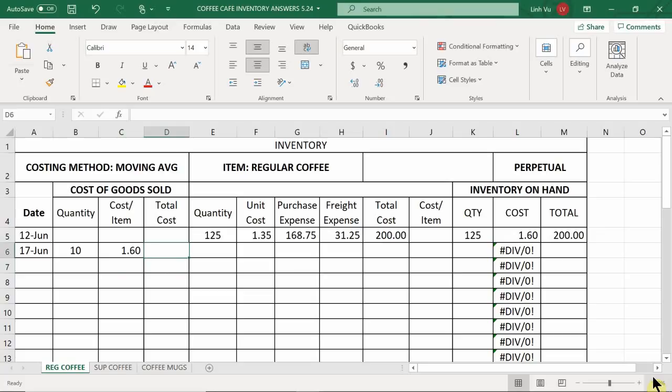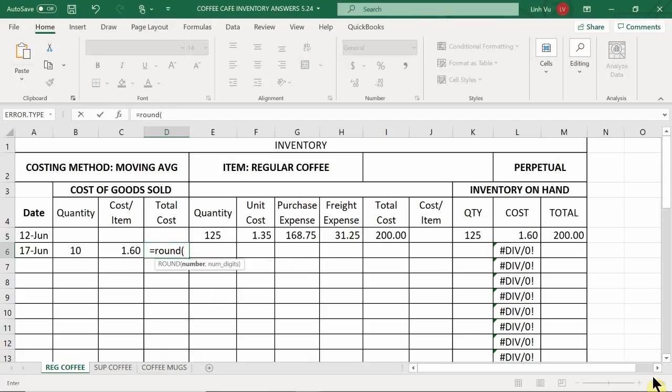All right? Now, multiply them together. If you're using Excel, I'm going to make this so we keep it consistent. So how much is my total cost of goods sold? $1.60 times 10?